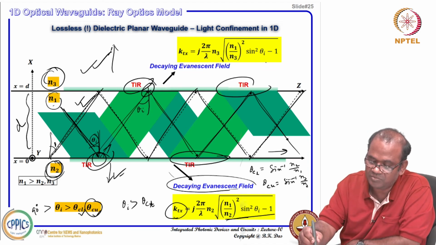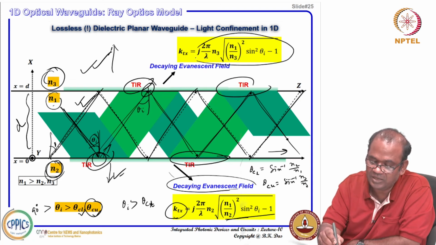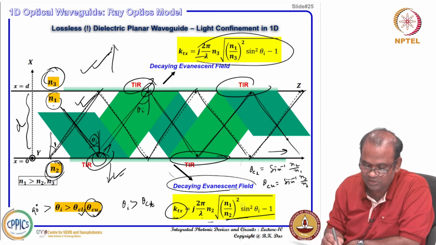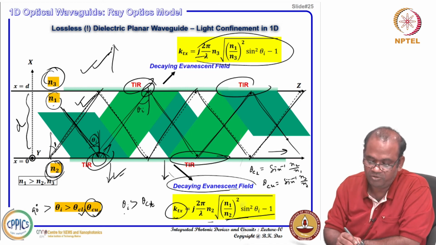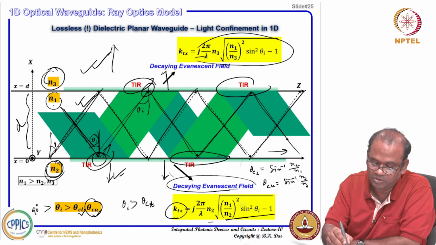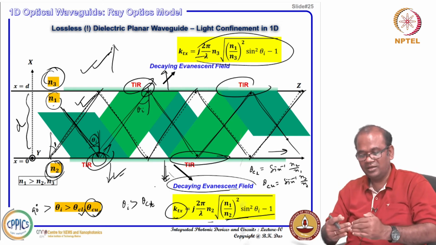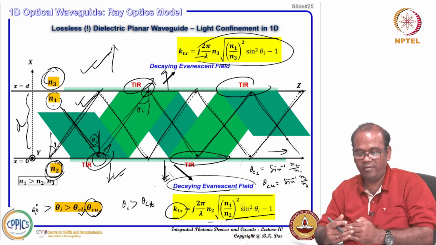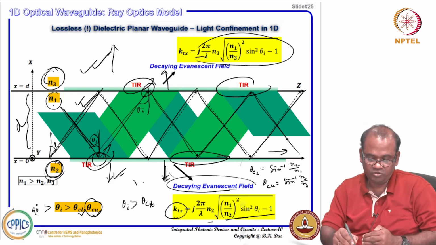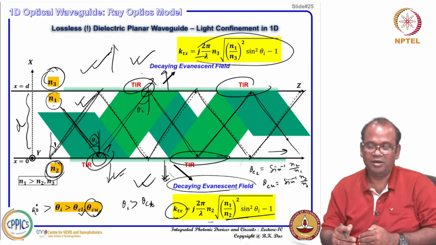Similarly, KTX in this medium is completely imaginary. So, since it is imaginary along the x direction, the field will be decaying and after some time it will be 0. Okay. So, I can ensure that the electromagnetic wave will be decaying in medium 2 and medium 3.